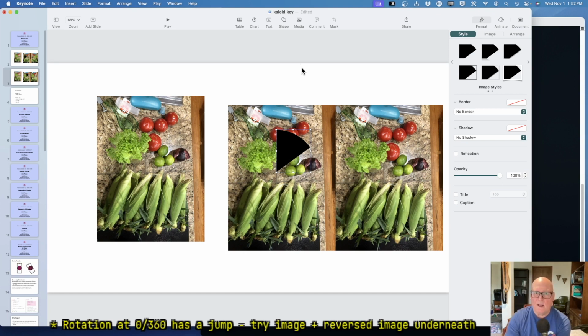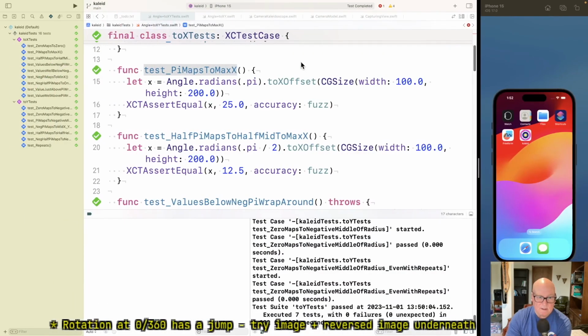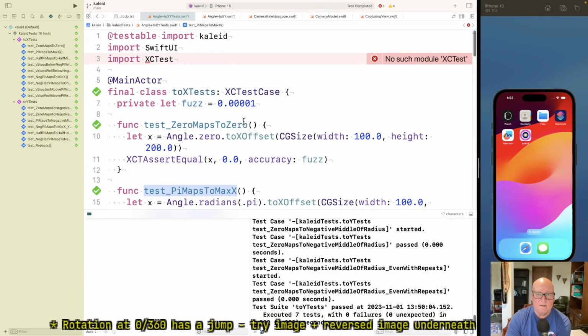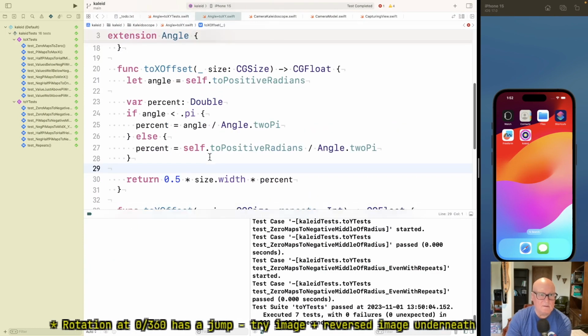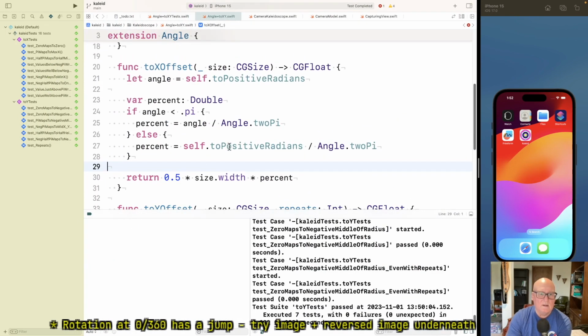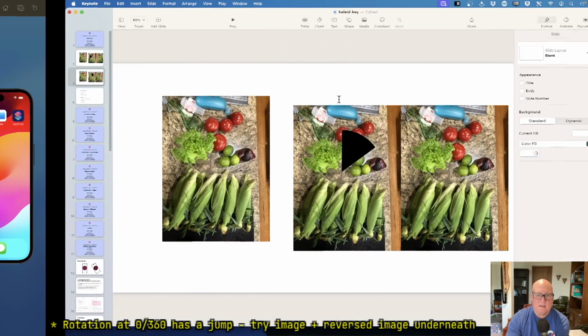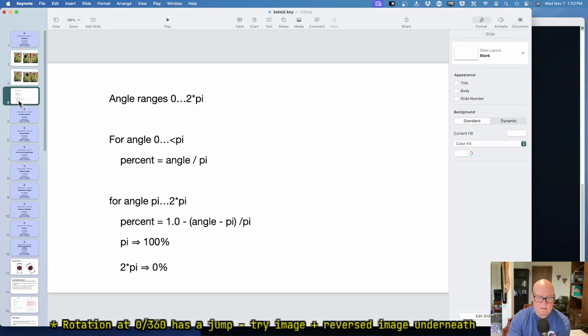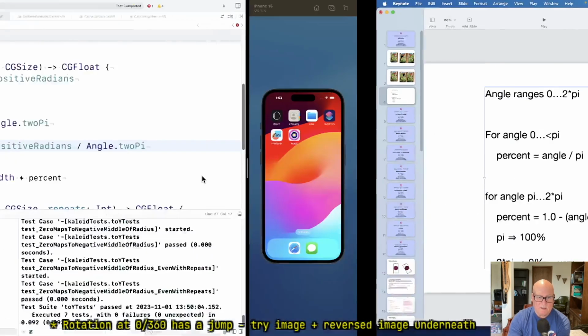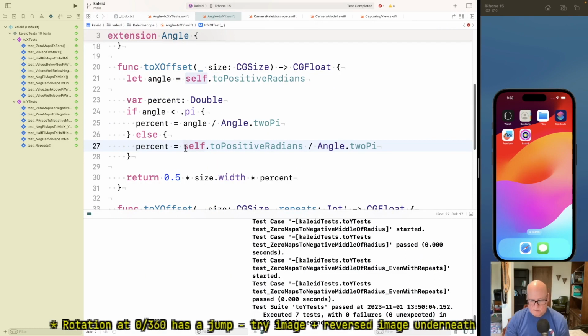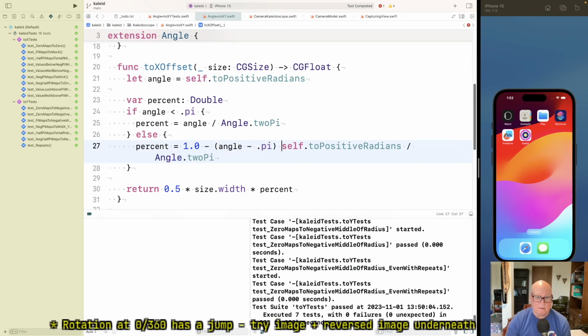Okay. So I think what will happen, let's see if this is right. Angle to this x offset. Well, this one we're going to change, right? I'm going to change it and then check the tests. It's a little unorthodox, but we want 1 minus angle minus pi over pi. So this is 1.0 minus angle minus pi over 2 pi.